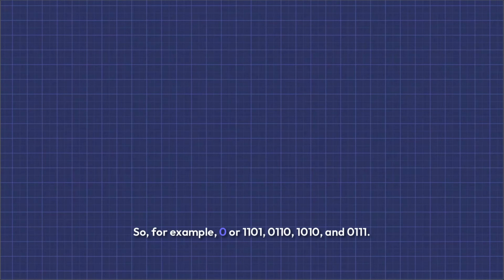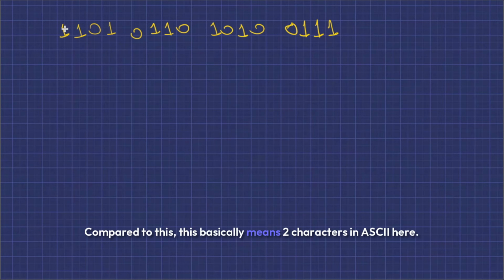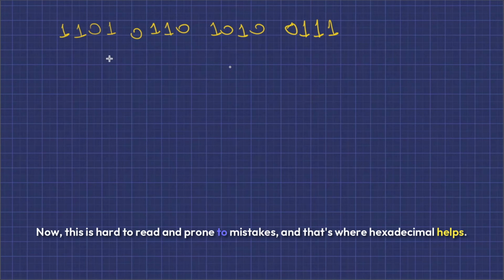So for example, 0 1 1 0 1 0 1 1 0 1 0 1 0 0 1 1 1. Now, this might look like much, but compared to this, it basically means two characters in ASCII here. Now, this is hard to read and prone to mistakes, and that's where hexadecimal helps.